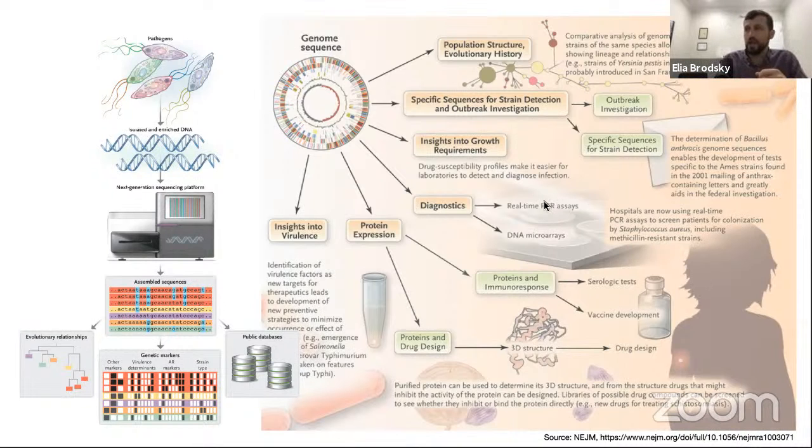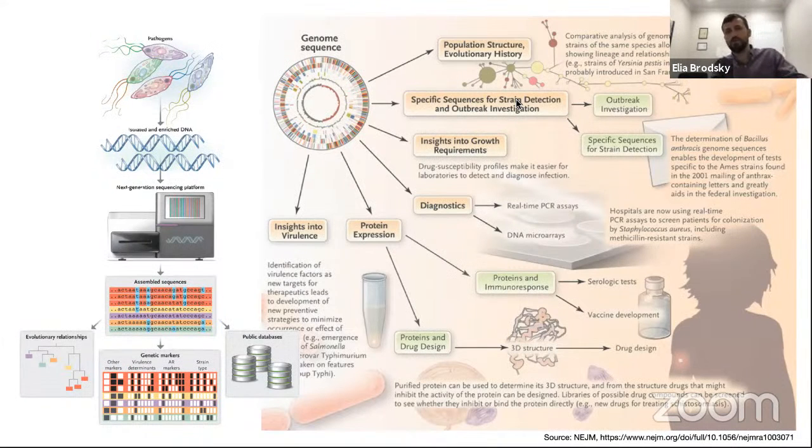So here you can see a brief overview of what types of insights we can get from this type of sequencing data. So we can understand the population structure and evolutionary history. We can look at specific sequences for detecting and characterizing strains of these outbreaks.